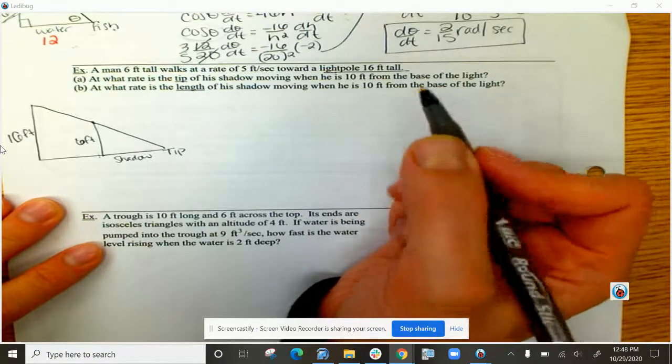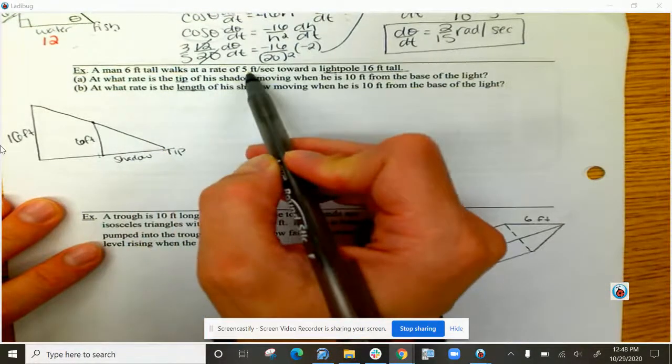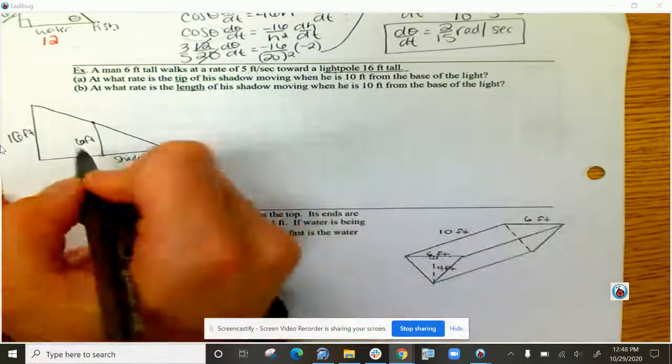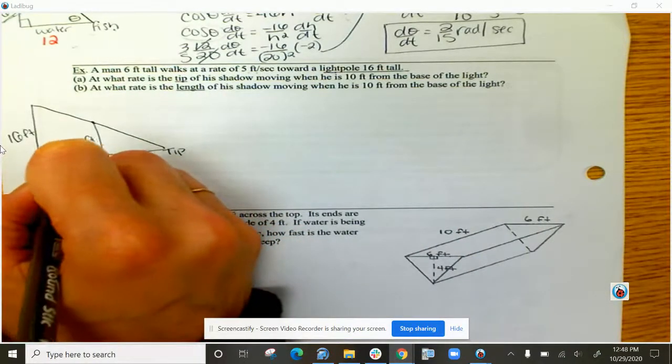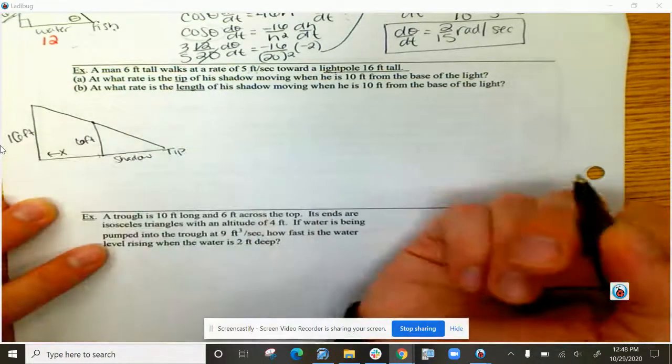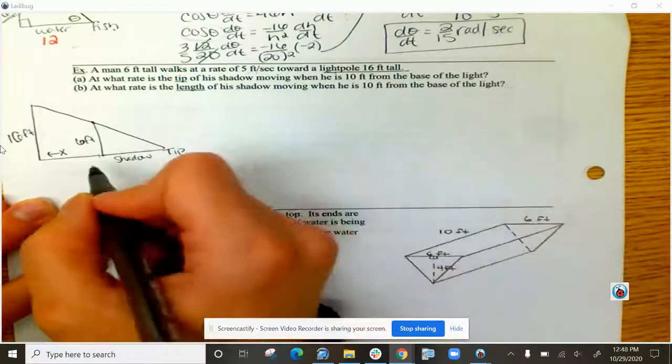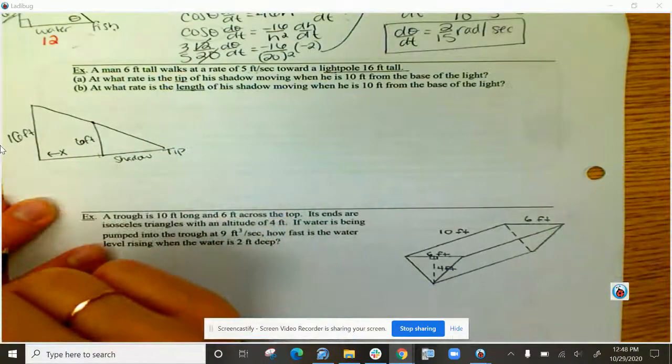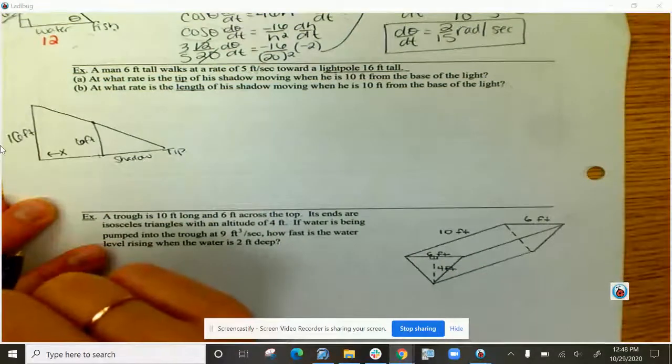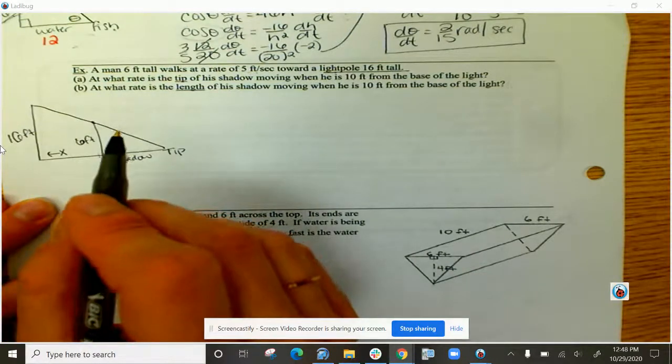And it tells you that a man is walking at a rate of 5 feet per second towards the light pole. So your X value is actually going this direction because he's walking towards the light pole. So we got to take that into account.